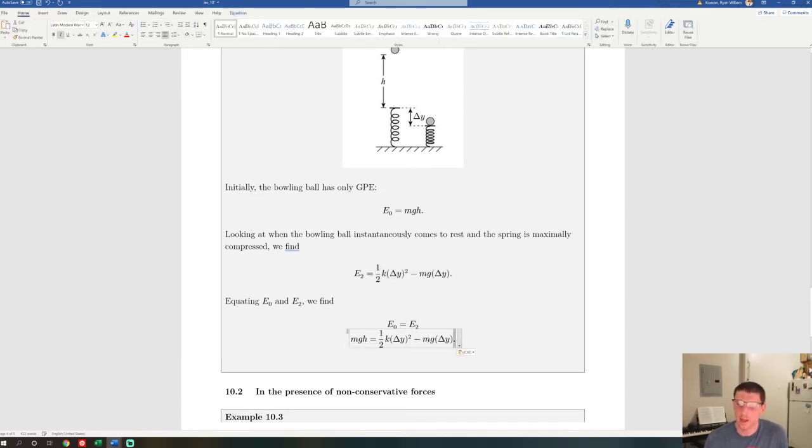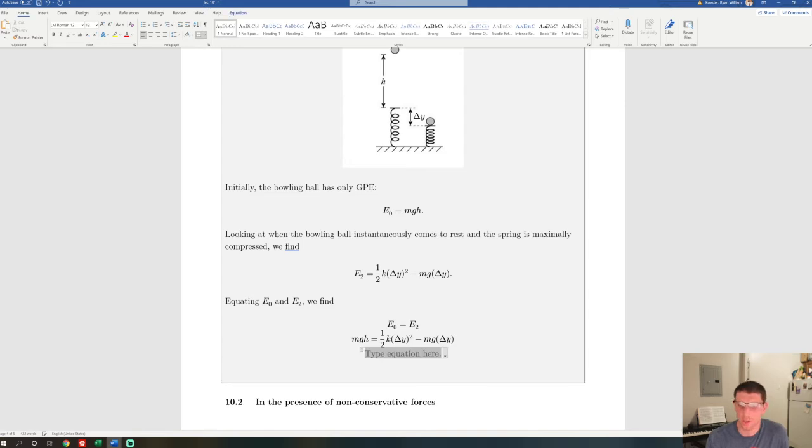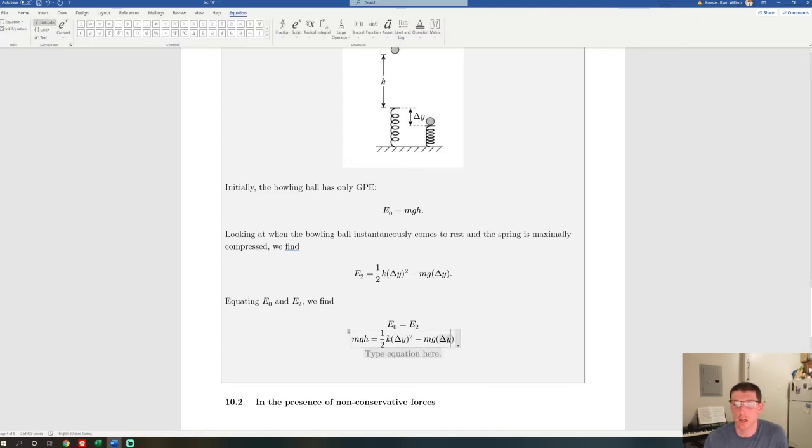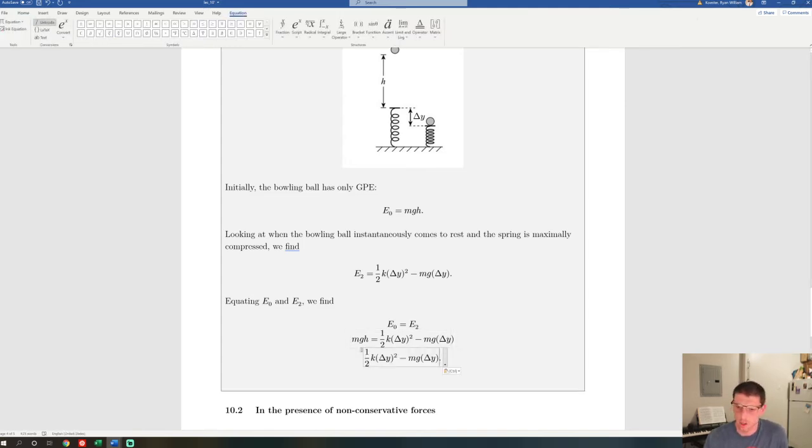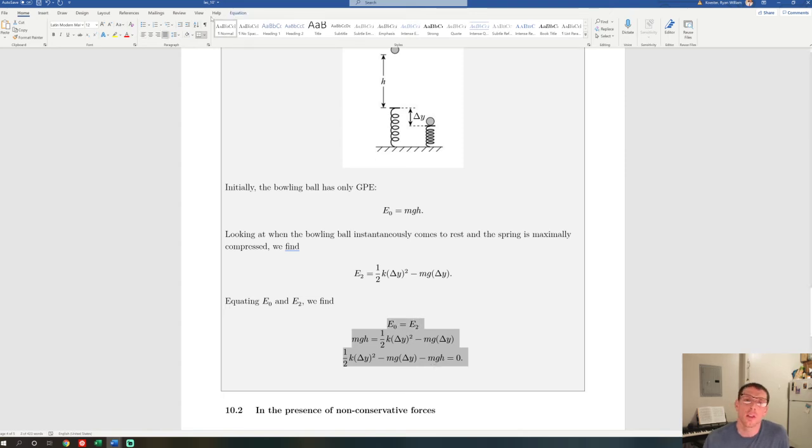And we'll write this out one more time because I want to arrange it so that we see what's happening. What's happening is that we get an equation that is quadratic in delta y. So this would be another instance of us having to use a solver or the quadratic formula to figure out what delta y is.